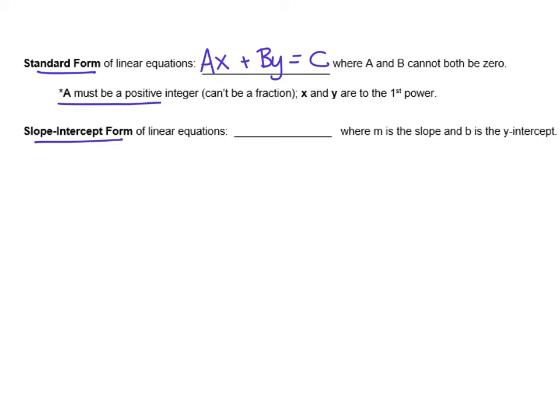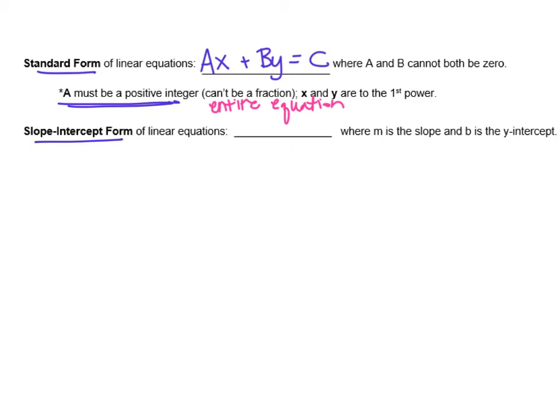A must be a positive integer, so that leading term where the x has to be positive, and then it can't be a fraction. Through the entire equation, no fractions. And then x and y will be to the first power. If x was to a different power, it would no longer be linear. It would take a different shape. So this is going to be to the first power.